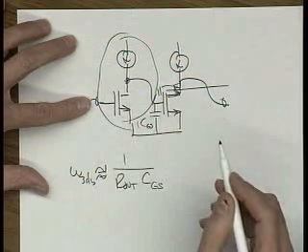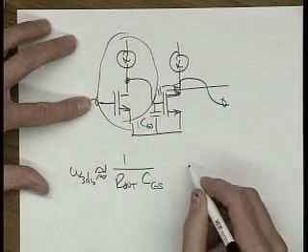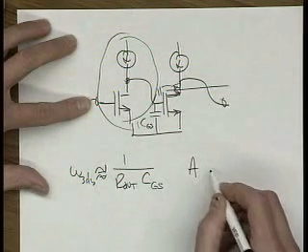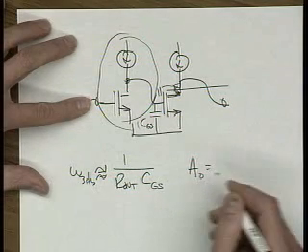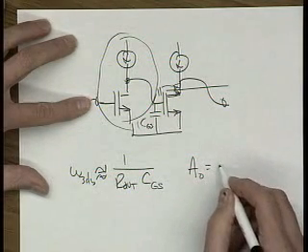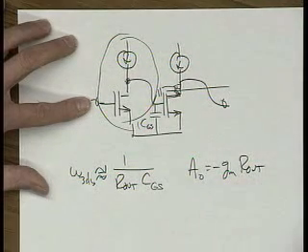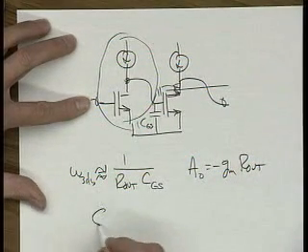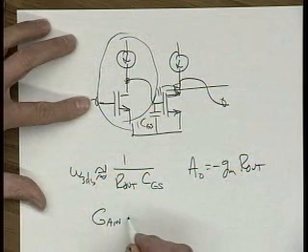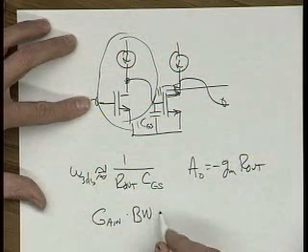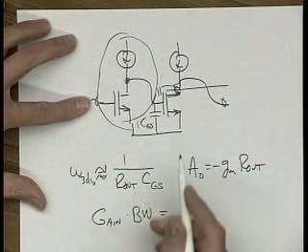What's the gain of this circuit? The low frequency gain, A0, is minus GM times R out. So the gain bandwidth product, I told you about this the other day, you multiply these two things together for this kind of stage.